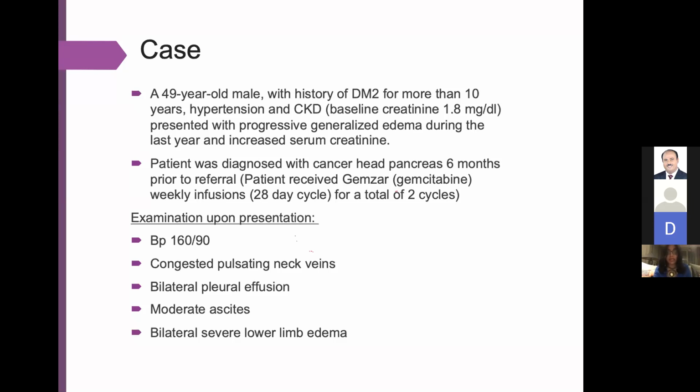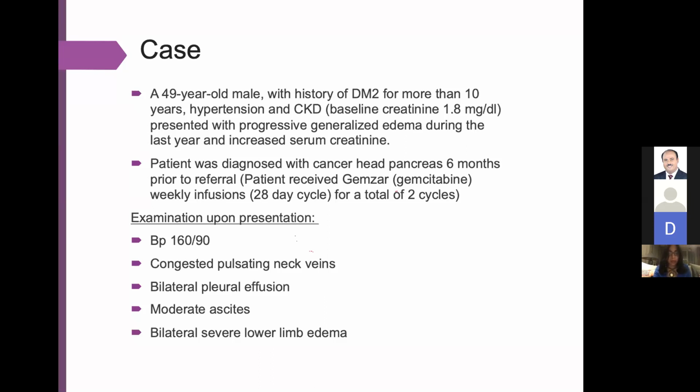The patient received Gemzar weekly infusions, 28-day cycles for a total of 2 cycles. So this is a patient جاي لنا بhistory of malignancy, cancer head طبعا ما راحش في حتة، history of chemotherapy 2 cycles, diabetes أكتر من 10 سنين، hypertensive, baseline creatinine 1.8 وجاي بسيرم كرياتينين بيعلى وprogressive generalized edema.